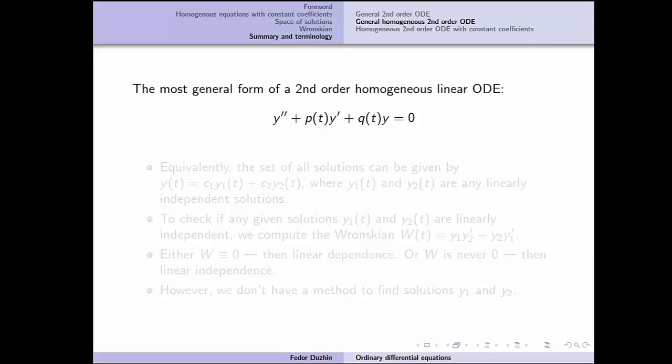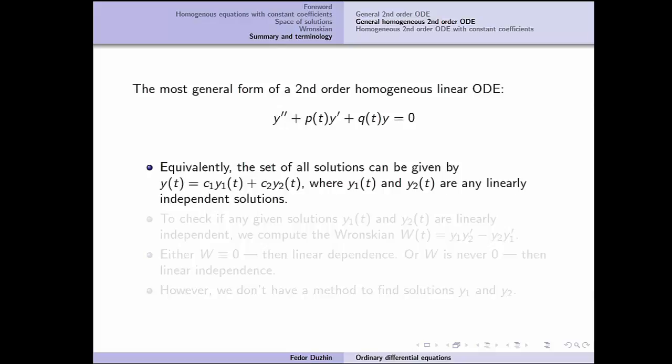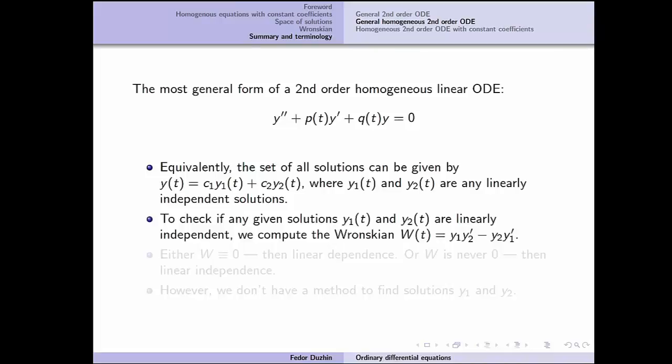Here is the most general form of a second order homogeneous linear differential equation. What it also tells us is that if we found two linearly independent solutions, then every solution can be written as a linear combination of two linearly independent solutions.